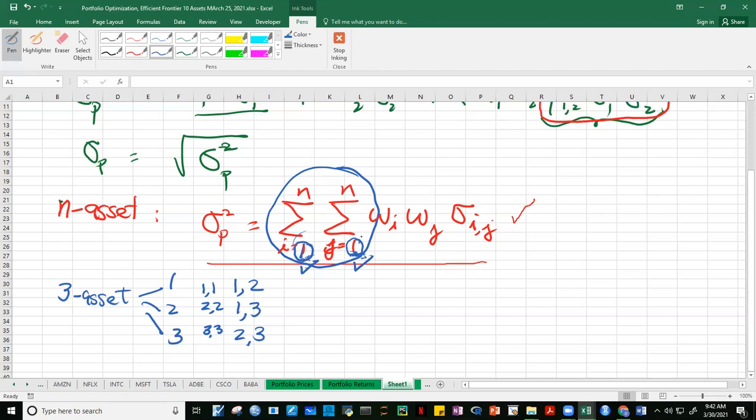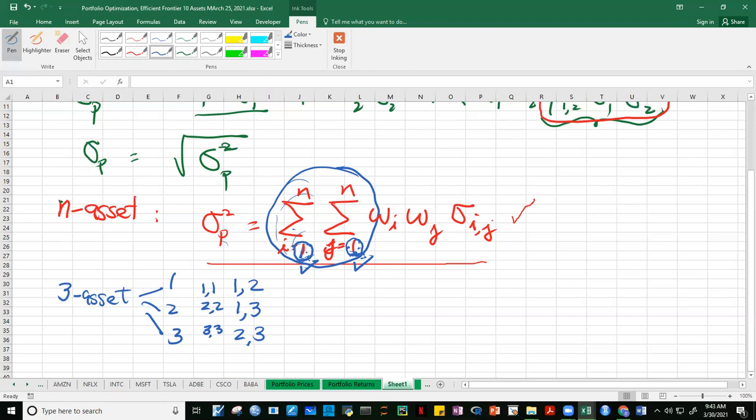This one will refer to another asset. So we have three assets. Let's refer our first summation to asset 1. Our second summation, let's also refer it to asset 1. Let's fix this at 1. So what are our pairs? 1 with 1, then 1 with what other assets? 2, yes, correct. Then who else? 3. 1 with 3, because we only have three assets. If there were four, it would be 1 with 1, 1 with 2, 1 with 3, 1 with 4. Okay? Clear? Clear, sir. So we have exhausted 1 here.